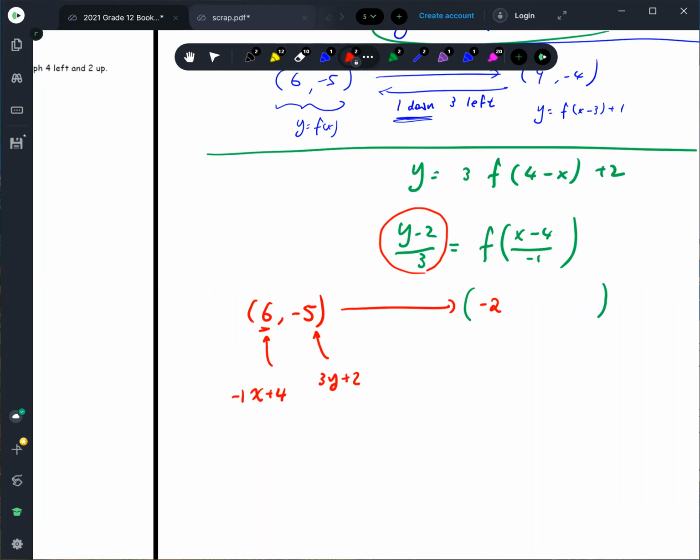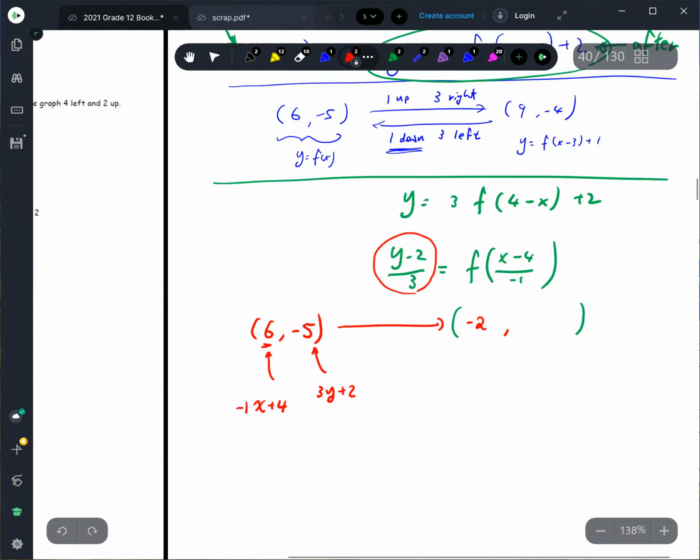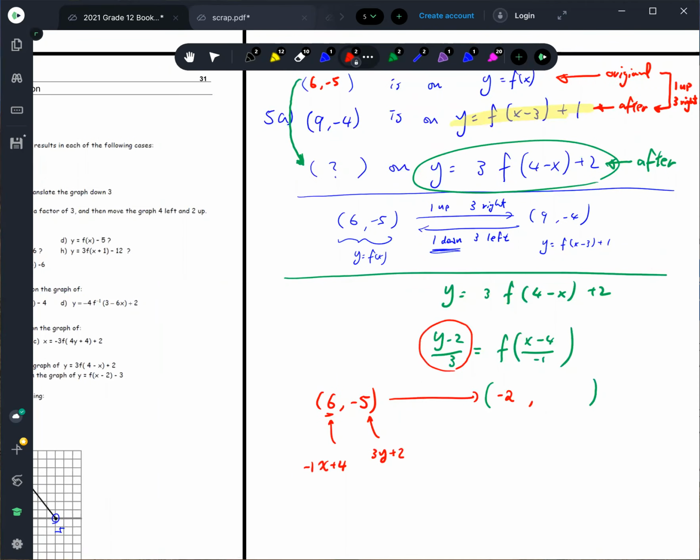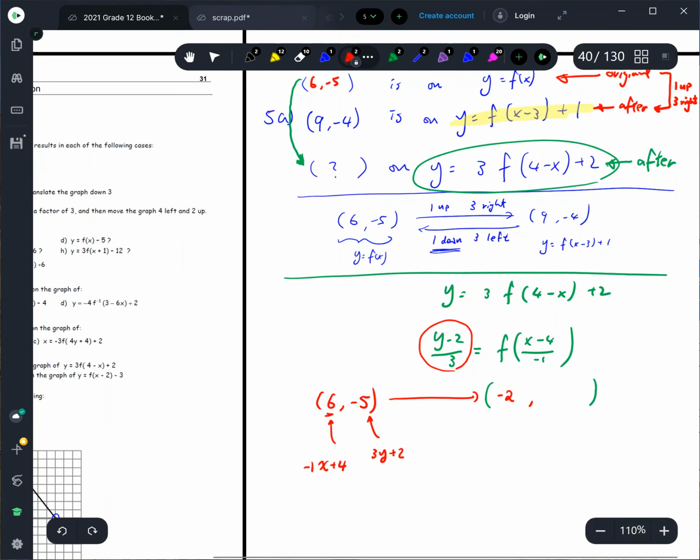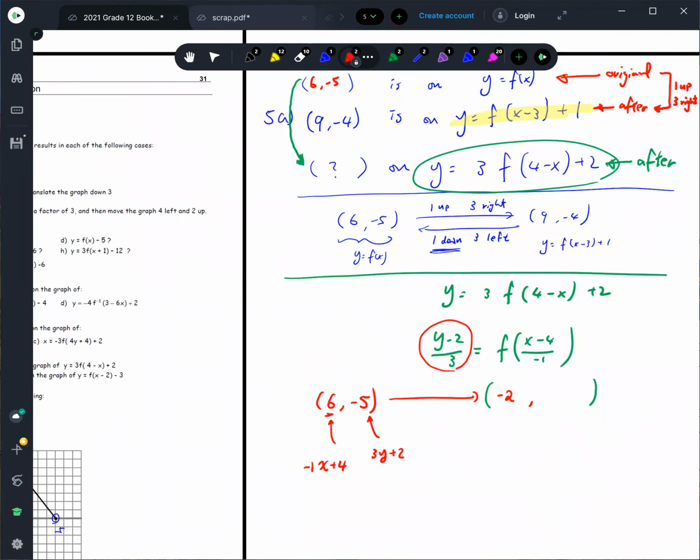Understand? Okay, so the final number should be what, Jocelyn? What's the new y value? Jocelyn, are you there? Yeah. Okay, so what's the y value now? Do you know what to do?